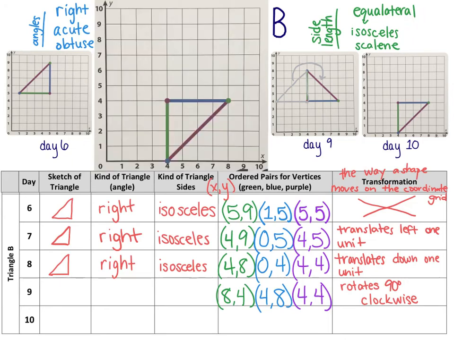Here is day 10 enlarged, and we are going to look for the ordered pairs. The green one is first. Green point right here. The x-axis is 8, the y-axis is 4. So our ordered pair is 8, 4. Moving on to the blue point. Here's the blue point. Our x-axis, we're already on it, is at 4.